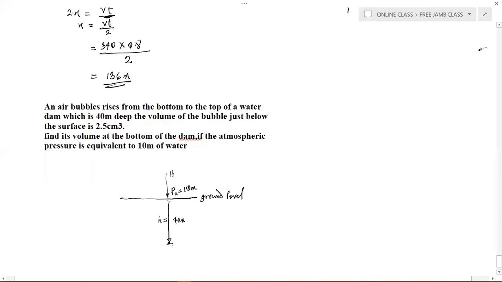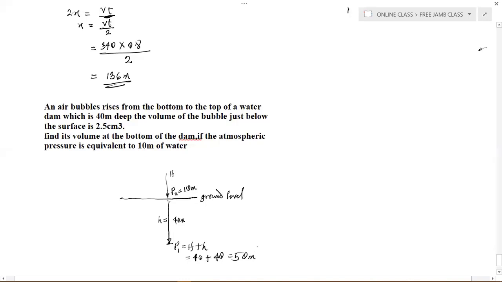So here, I will say that we have P1 here, and that P1 will give you H plus h. The pressure increases with depth. And that will give you 10, which is the atmospheric pressure, plus 40 here. And so the answer now will be 50 meters at that point.